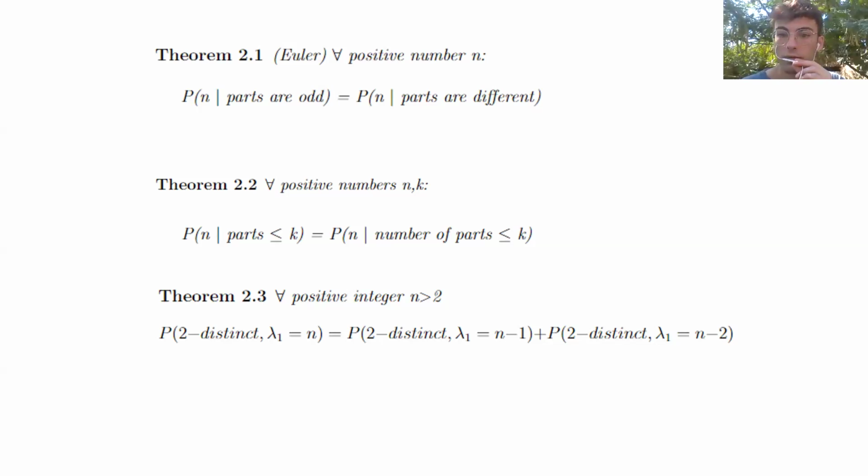Delete 4 and write 2 plus 2. All even parts will be divided into 2 parts, and you continue this process, and you will finally get an odd partition. From right-hand side to left-hand side, we use this.